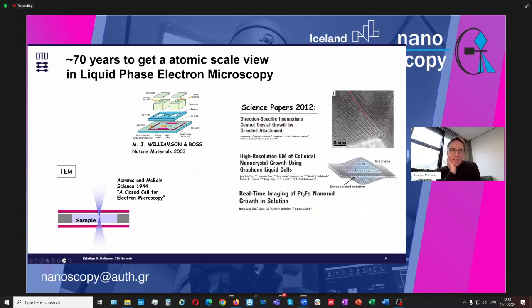And 10 years later, 70 years after the first liquid was in a TEM, a bunch of science papers came out, both on nitride-based systems and using graphene liquid cells, showing that you can now get atomic resolution in liquids and begin to really understand a lot of the phenomena going on. So this is a new area of liquid phase electron microscopy that's been developed in recent years. But it's kind of fun, I think, to see that it's actually been going on for 70 years.